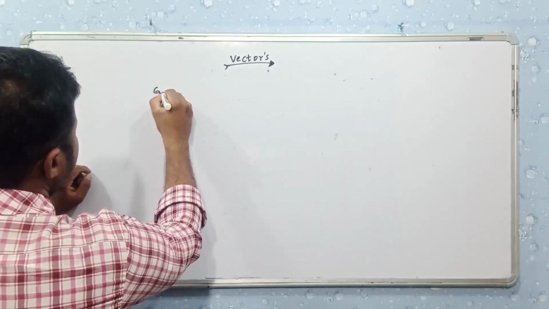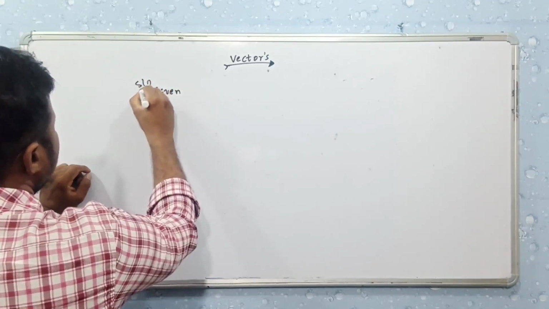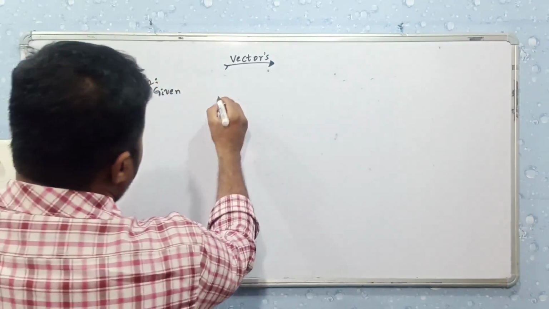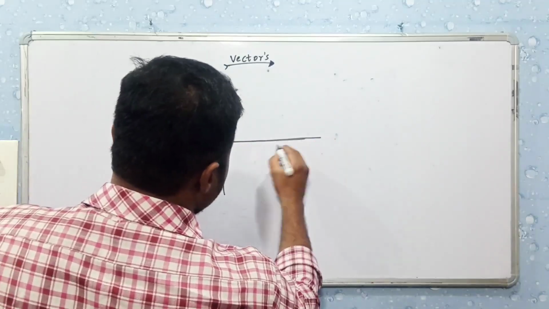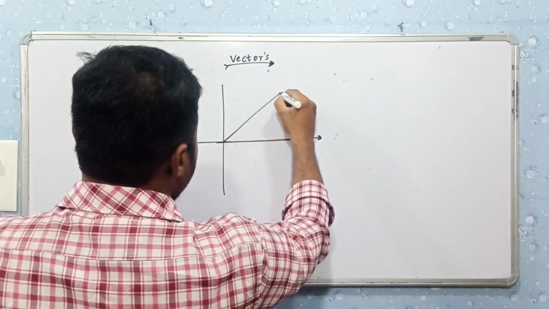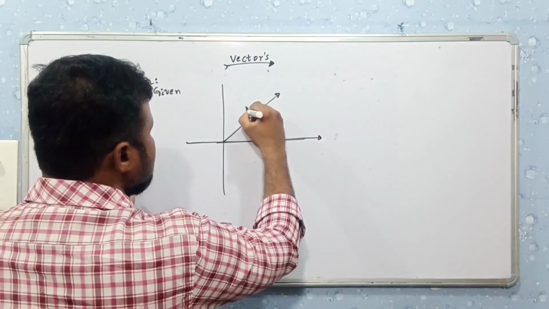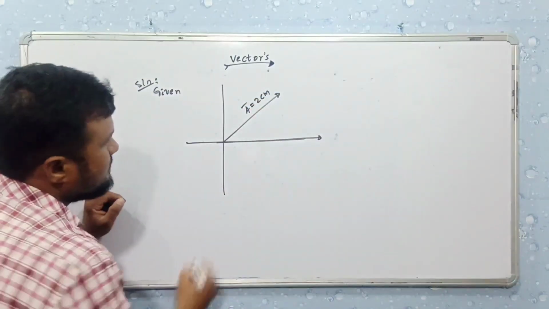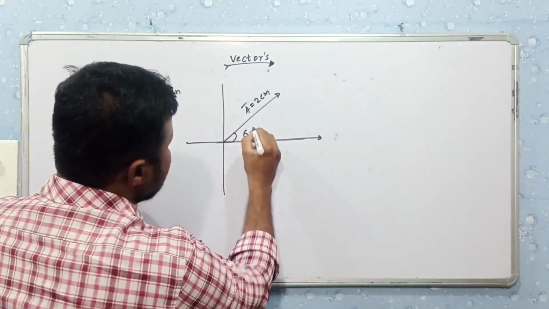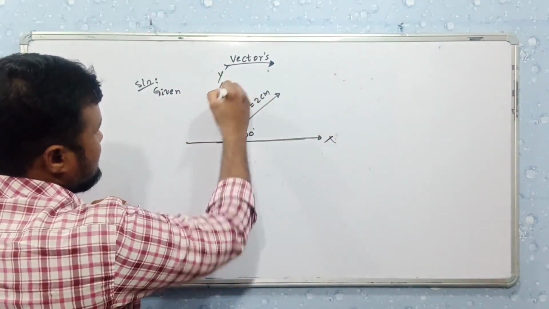Given, according to the data, vector A bar is in the first quadrant. This is A bar vector, 2 cm long, making an angle of 60 degrees in the first quadrant with the x-axis.